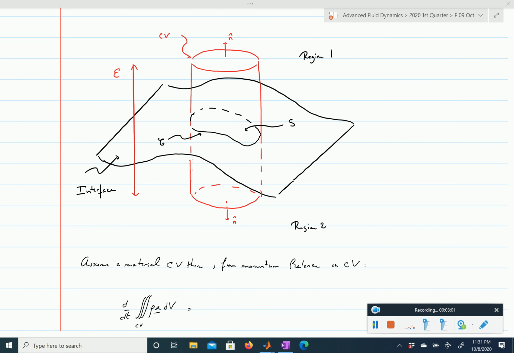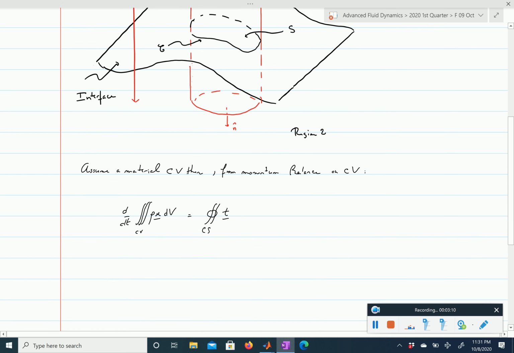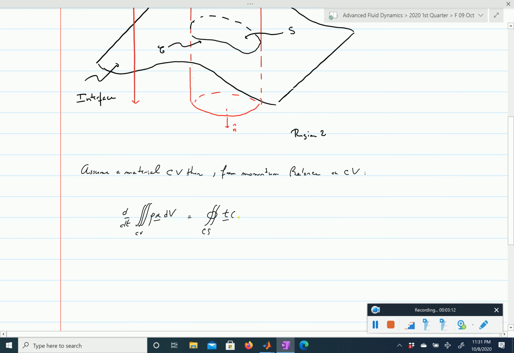Here the control volume is really what is inside, and this is our control surface. So the integral of our stress vector at any location on our control surface, dS, plus the body forces on our control volume, dV.